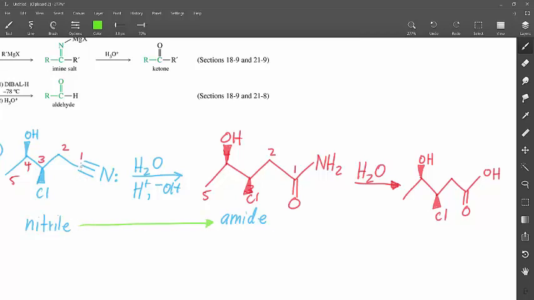So the transition from here to here, from the nitrile to the amide, what happened here? Triple bond C became C double bond O. That N became an NH2. What happened from your amide to your carboxylic acid?